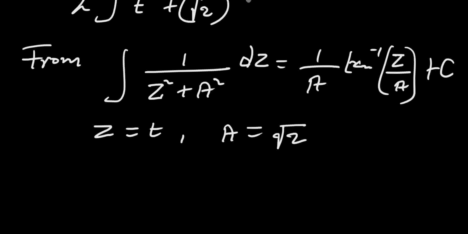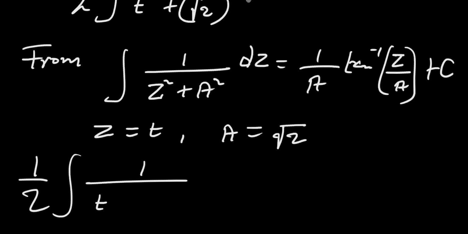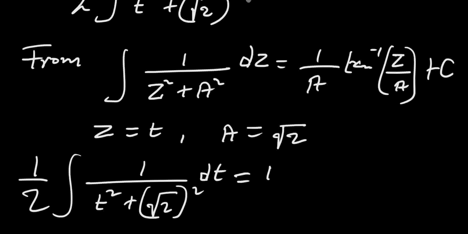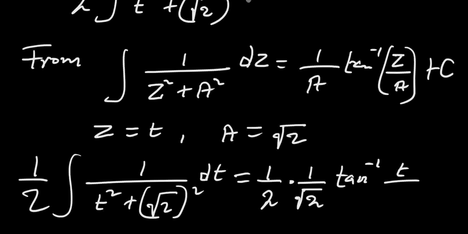Therefore, 1 over 2 the integral of 1 over t squared plus root 2 squared dt is equal to 1 over 2 times 1 over root 2, the reciprocal of tan, t over root 2, plus c.